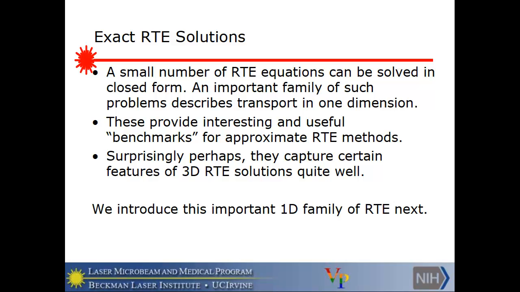And it may surprise us that they capture certain features, although they're one-dimensional problems. That means that scattering can only be purely forward or purely backward in a mixture that reproduces the G. They surprisingly well capture features of 3D solutions.